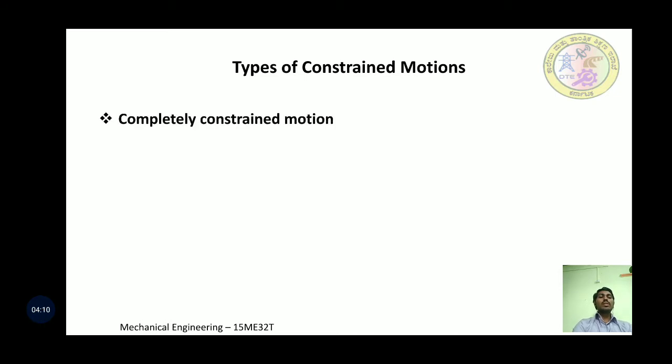Completely constrained motion: when the motion between a pair is limited to a definite direction, irrespective of the direction of force applied, the motion is said to be completely constrained motion. For example, the piston and cylinder in a steam engine form a pair.